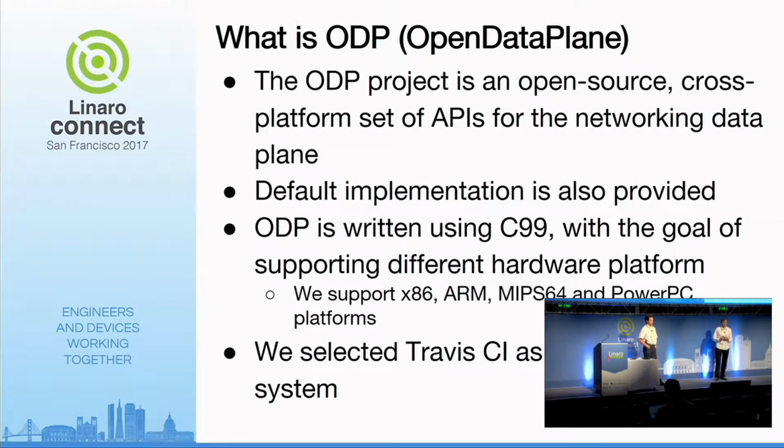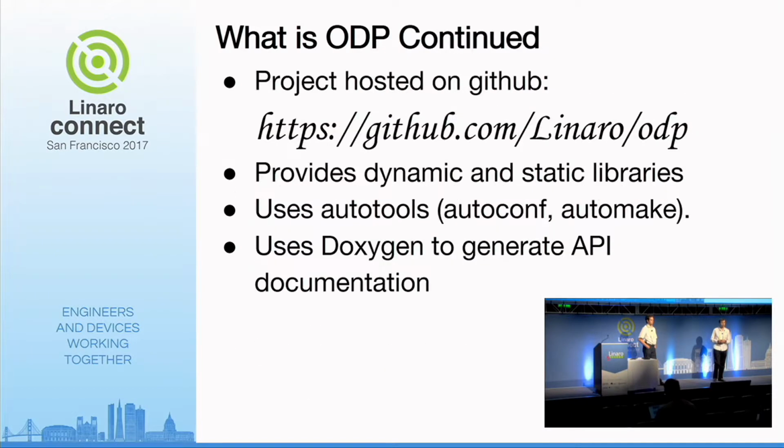This project uses autotools. It's C99 language. We support different platforms: x86, ARM, ARM64, MIPS, PowerPC, and we run continuous integration in Travis, and that saves a lot of time maintaining this project.